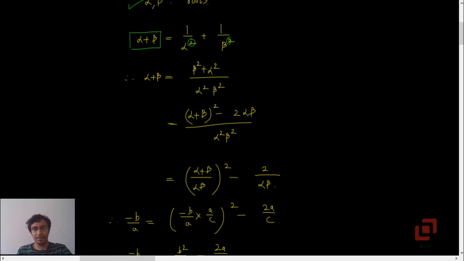In the first step, let us rewrite 1 upon alpha squared plus 1 upon beta squared in terms of alpha plus beta and alpha beta, as we have been doing. So cross multiply and take the LCM. So alpha plus beta will be alpha squared plus beta squared upon alpha squared beta squared. And for this alpha squared plus beta squared, you write alpha plus beta bracket squared minus 2 alpha beta.